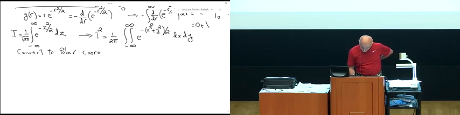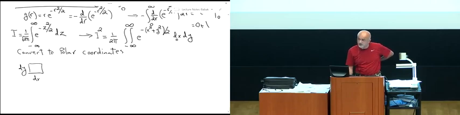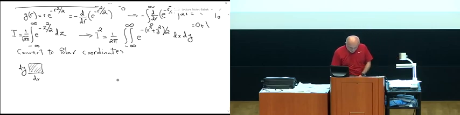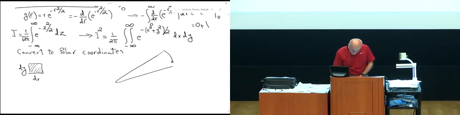So we convert to polar coordinates. In rectangular coordinates, you've got a dx and a dy. So that's what this is. So this is your infinitesimal area of integration. What we want to do is go into polar coordinates. So I have a radius r.